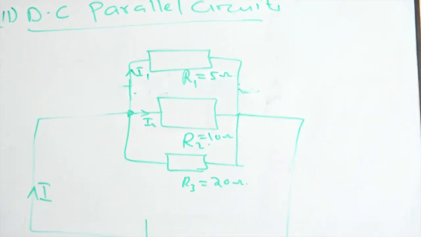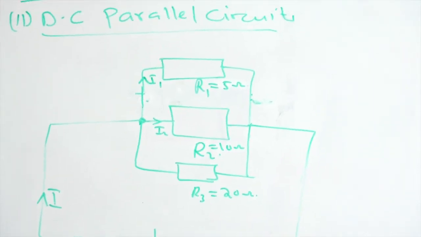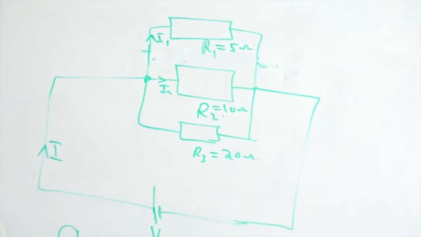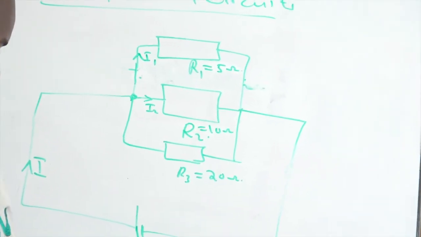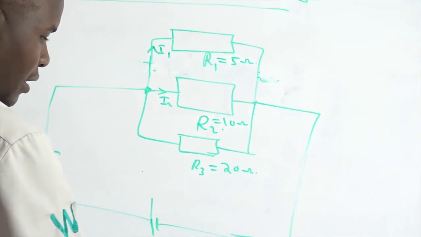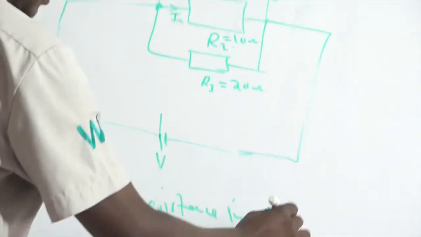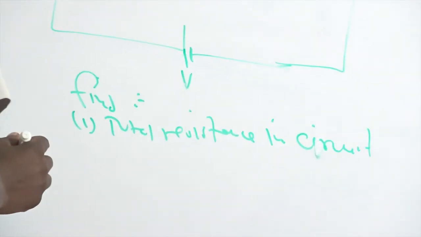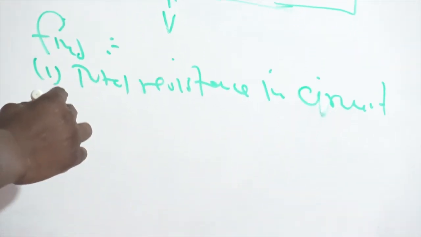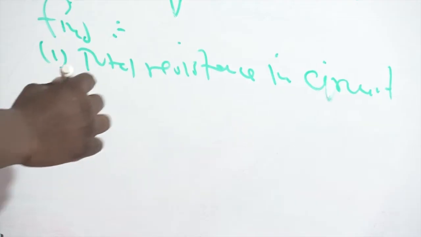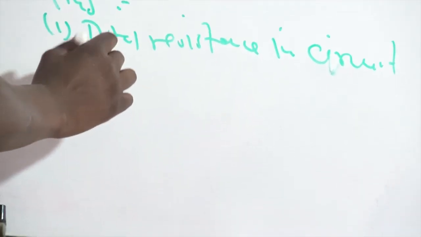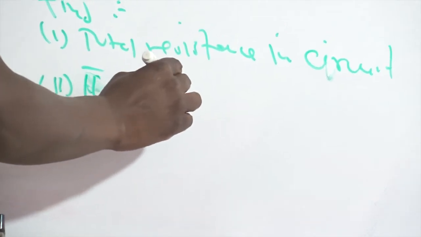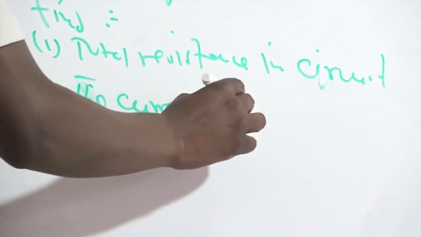For example, you can be asked to find, number 1, the total resistance in the circuit. Number 2, the current I from the source.